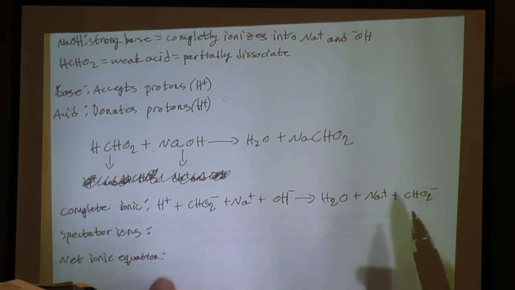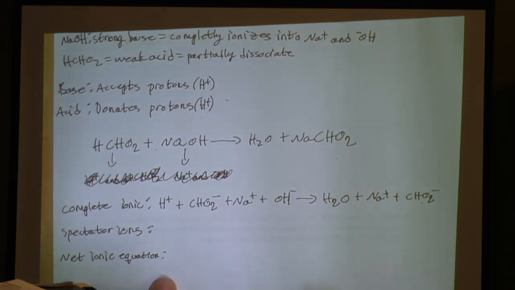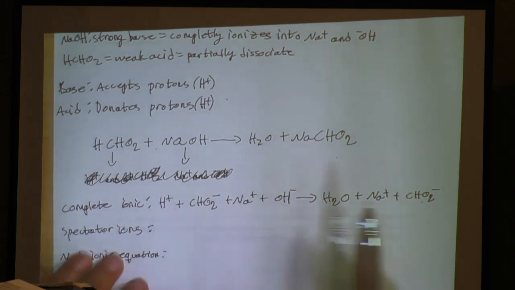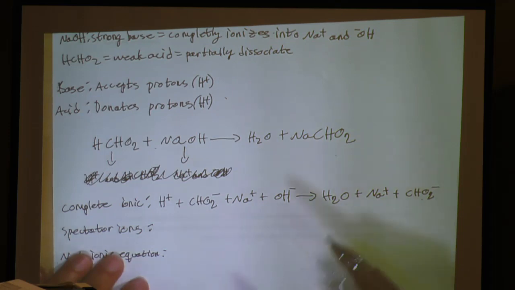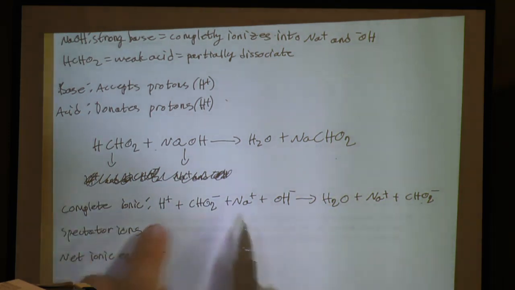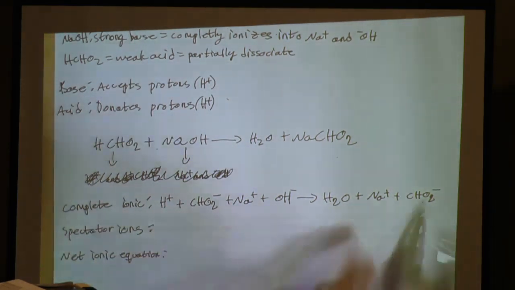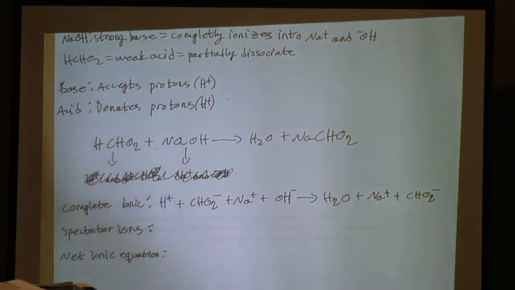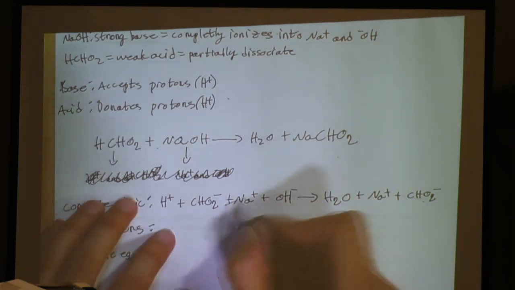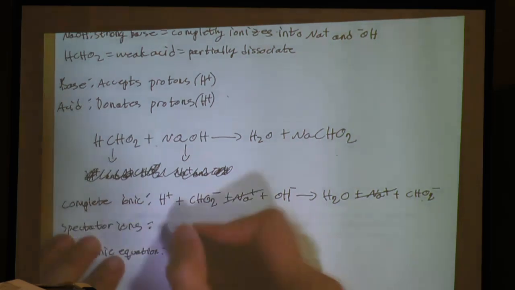Now, to find our net, we have to cancel out spectator ions. What are spectator ions? Those are ions that are on both sides of the equation, and we can cancel them out. So what do we have on the left side that's also on the right? Yeah, perfect. We have sodium, so sodium cancels out.